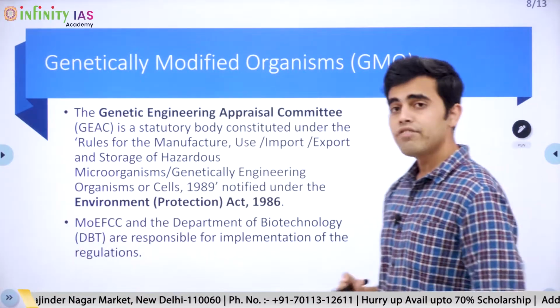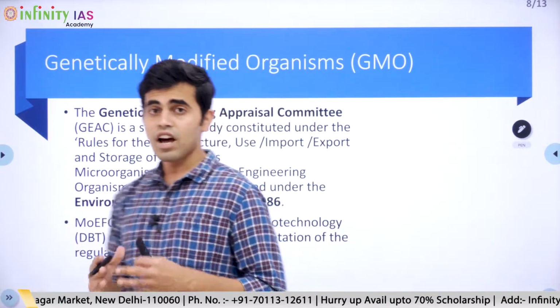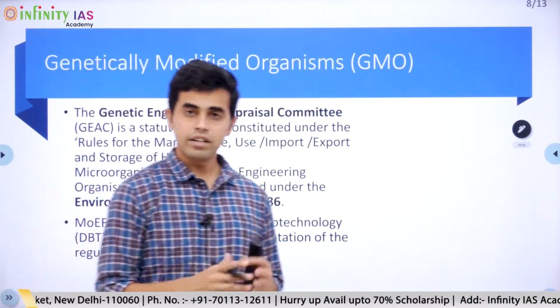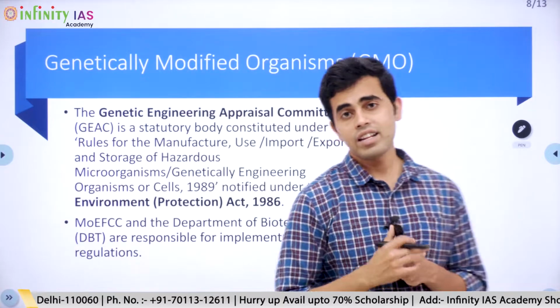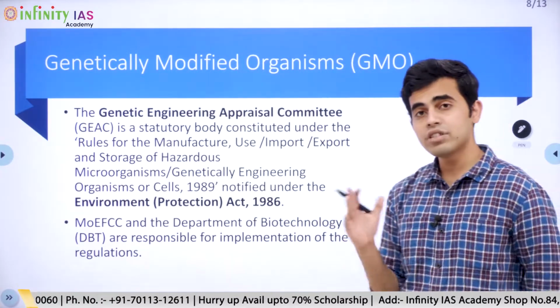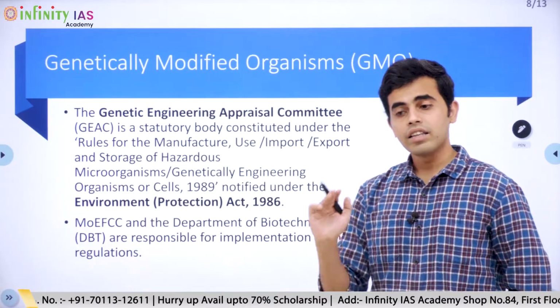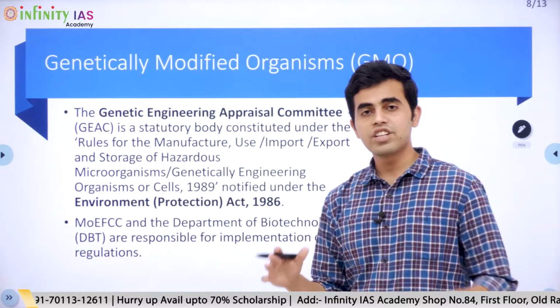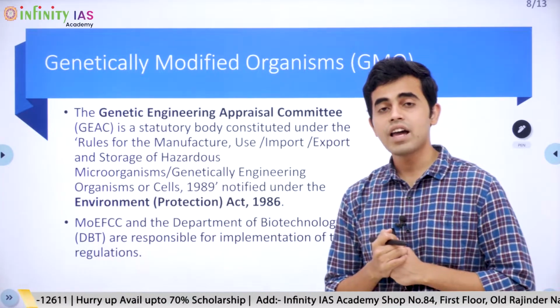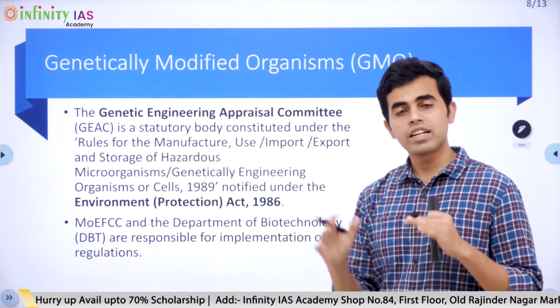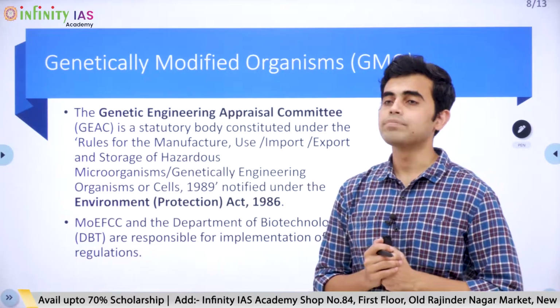Next comes, if these are the rules and this is how tightly it is being regulated, the genetically modified organisms in India, so we have to see what are the bodies that regulate these genetically modified organisms and what are the laws that are made by the government of India.